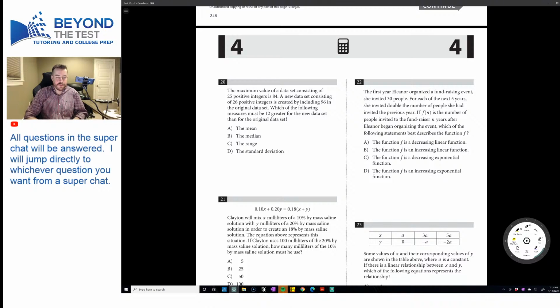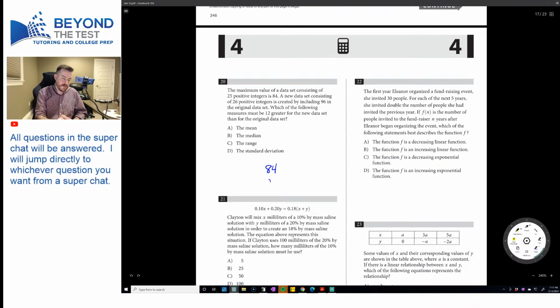Which of the following measures must be 12 greater for the new data set than the original data set? Okay, so let's think about what we have. The maximum value of the first 25 positive integers was 84, and the new data set included the number 96 though.